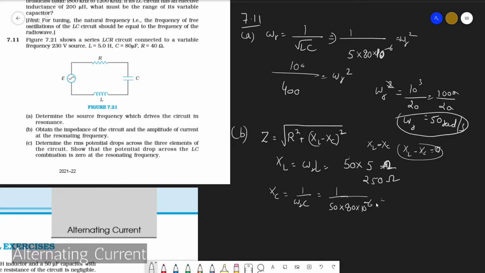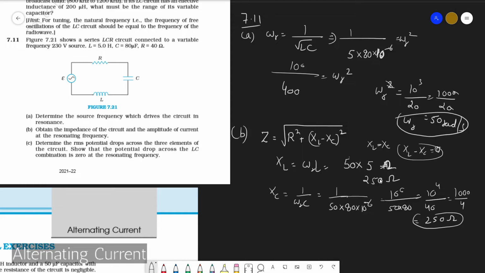So this is 10 to the power 6 upon 50 into 80, or 10 to the power 4 by 40, or 1000 by 4, which is 250 ohms.